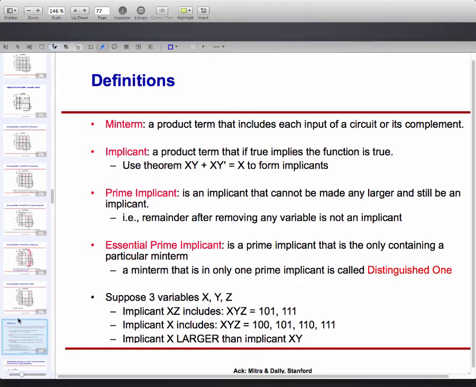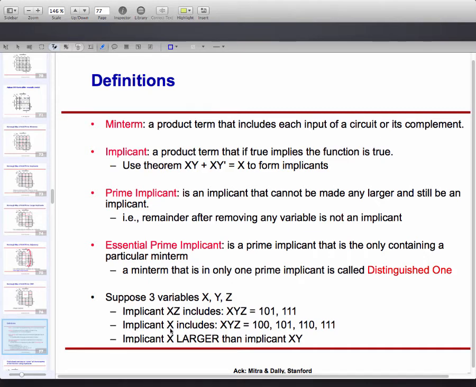So let's take an example. Let's say I have three variables x, y, and z. If xz is an implicant, then xz being an implicant means I don't care about y, which basically means that 101 and 111 are covered by xz.